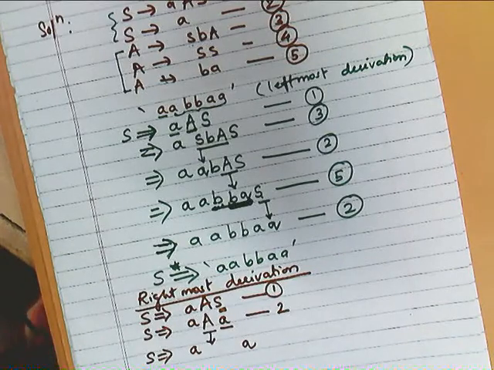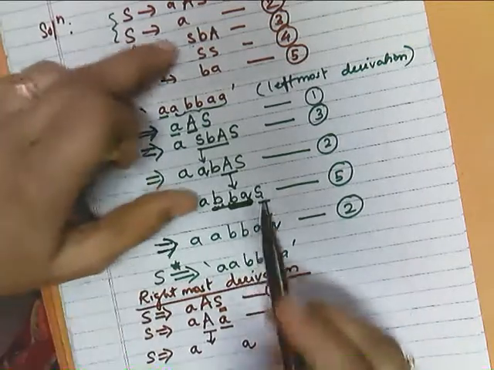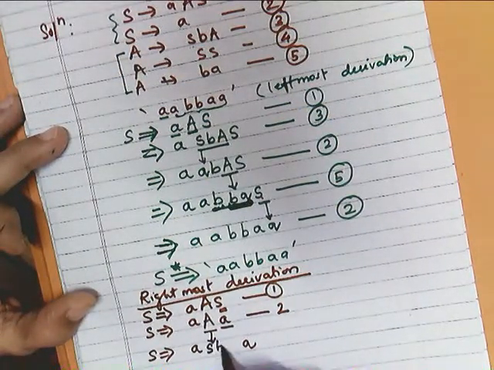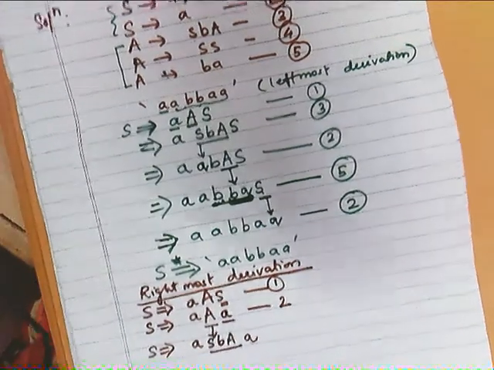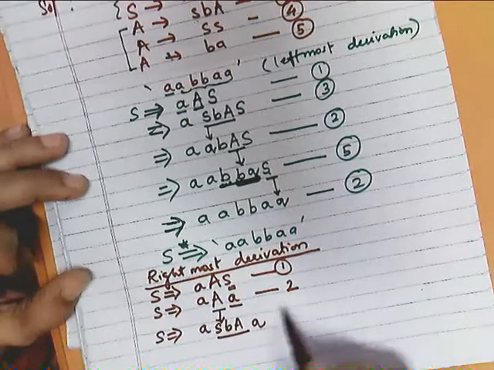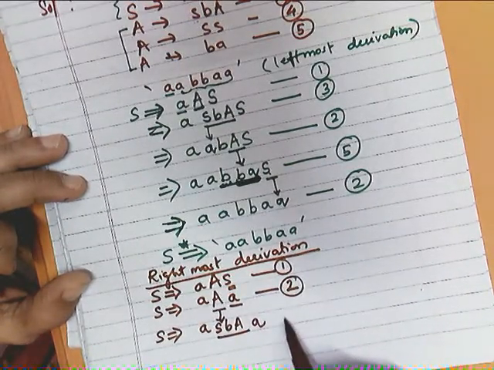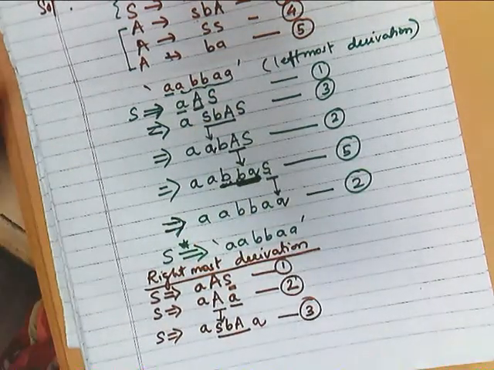So if I write here the same rule, that is SBA, my derivation will be like this, okay? So here we have used which rule? We have used the third rule, right?